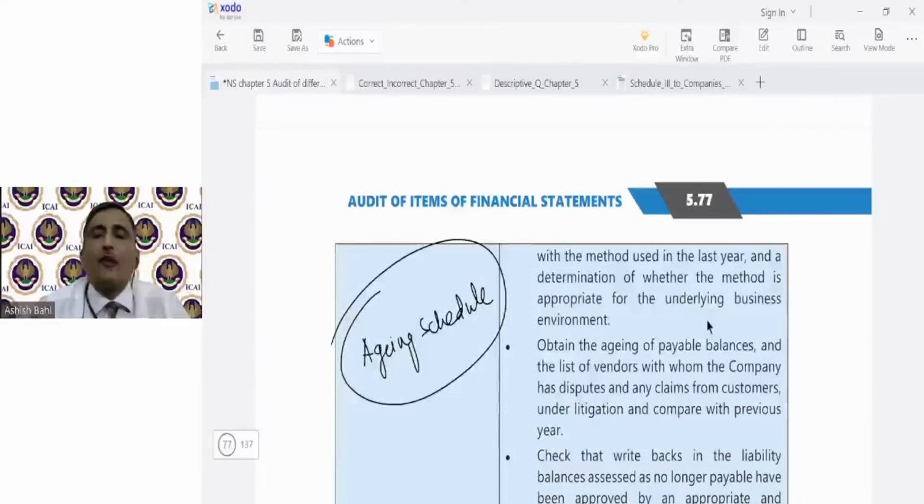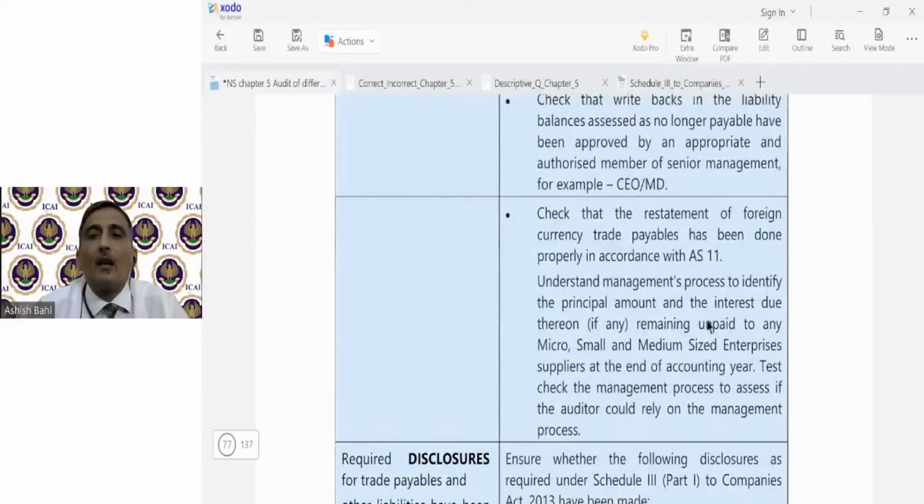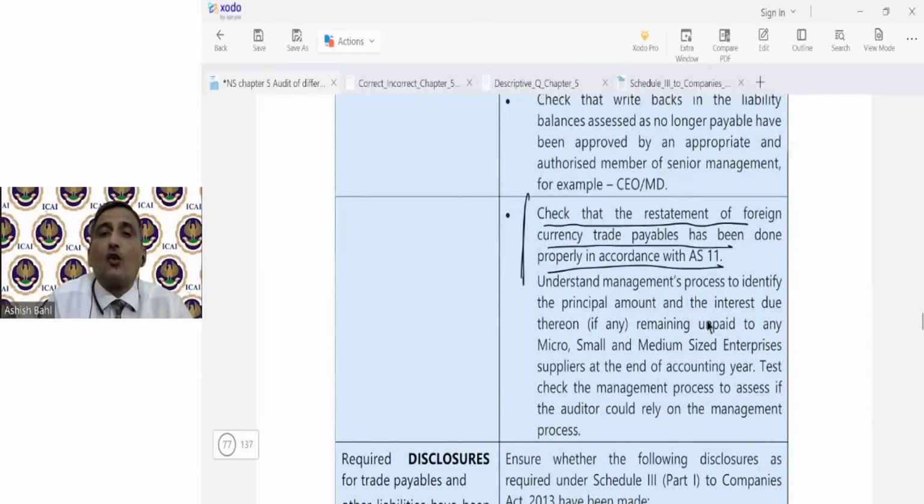Okay, so from analysis of that aging schedule, you can arrive at which trade payables, which trade creditors are old outstandings, and which of these need to be written back. And check that restatement of foreign currency trade payable has been done in accordance with AS 11. So this is again common procedure.